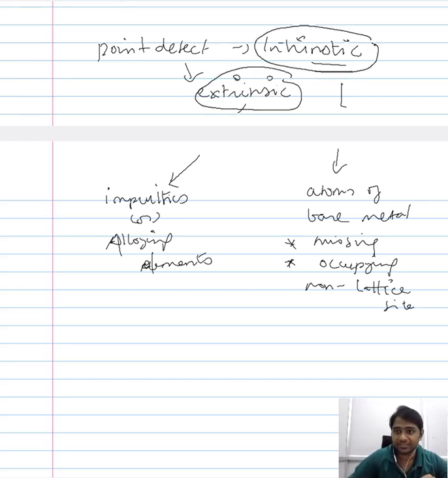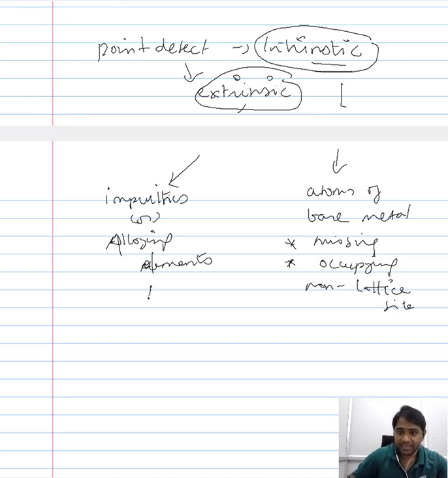In case of intrinsic, the defects, the missing or vacancies or the interstitial atoms is largely due to the missing of base metal atoms or the replacement of the base metal atoms. In case of extrinsic point defect, you have impurities or the alloying elements that are present.